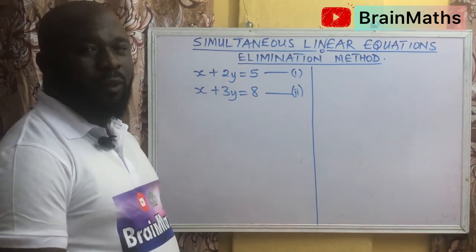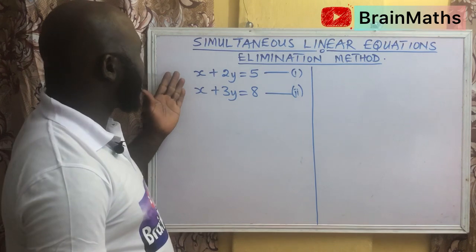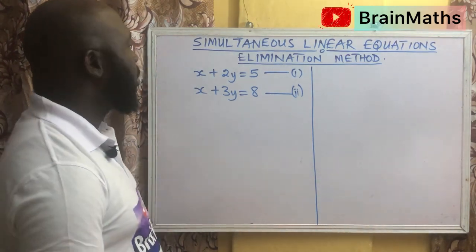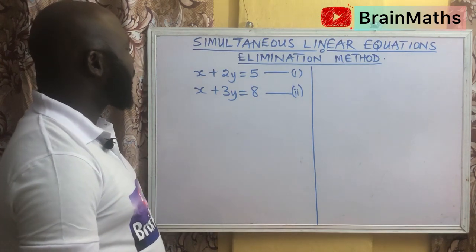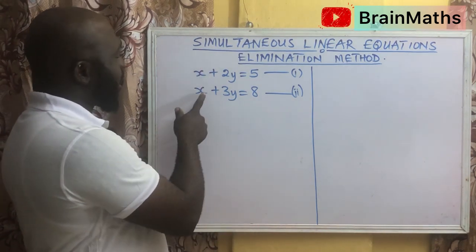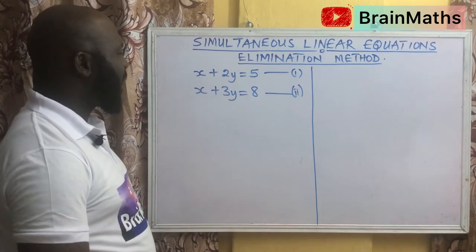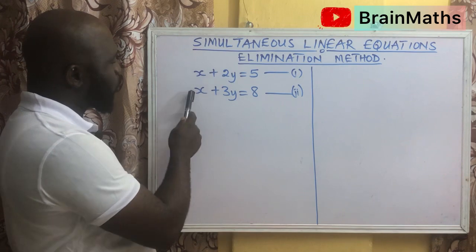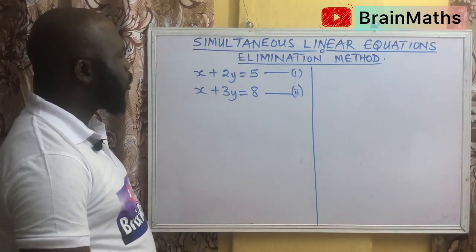And if you look at what we have here, this is the simplest of all simultaneous linear equations, in the sense that the highest power of x and y, as said earlier, is 1, and the coefficients of x in the two equations are also 1.